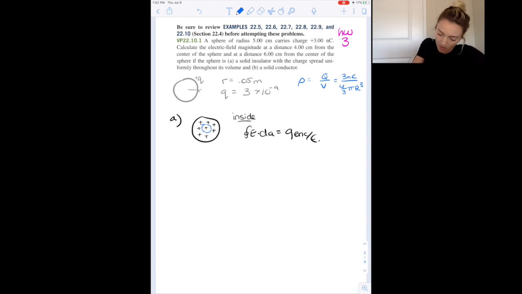So this will be 3 times 10 to the negative 9 over 4/3 pi times the total radius 0.05 cubed, and that comes out to 5732 times 10 to the negative 9 coulombs per meter cubed. Okay, so this is a charge density.